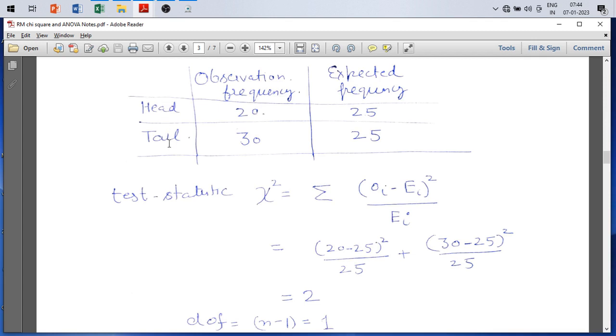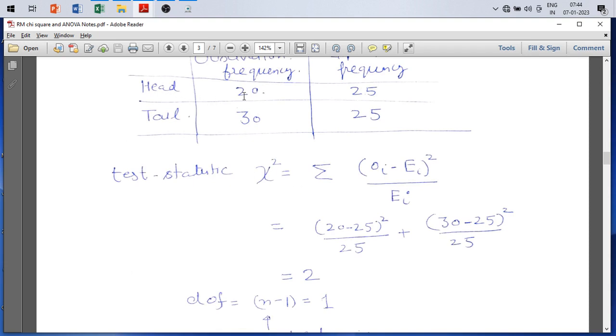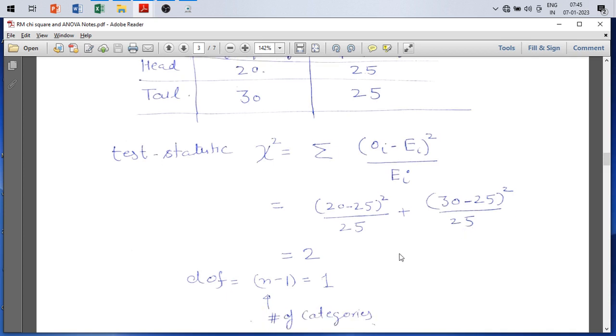For head, observed is 20, expected is 25, so this term becomes (20 minus 25) squared divided by 25, plus for tail, observed is 30, expected is 25, so (30 minus 25) squared divided by 25. So we get our chi-square test statistic of 2.